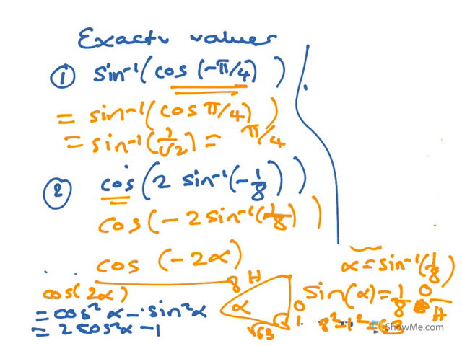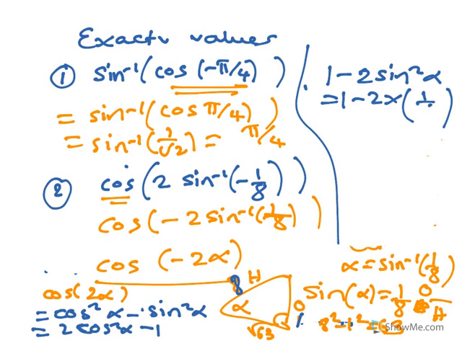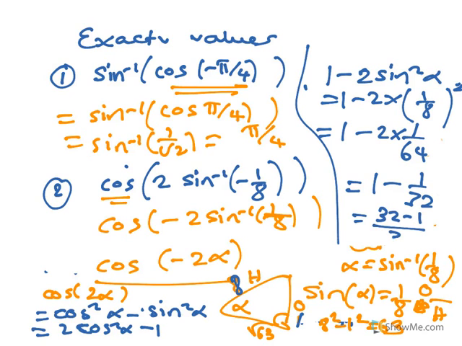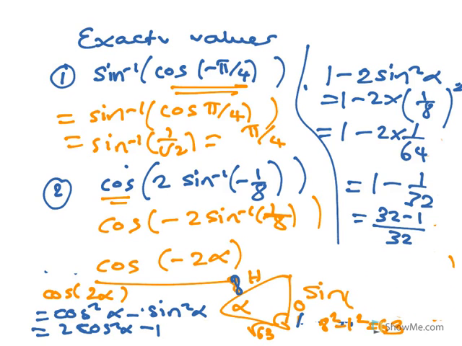I think I'm going to go with the 1 minus 2 sine squared alpha, so that makes life a little bit easier. Sine alpha is 1 on 8, so it's 1 minus 2 times 1 on 64, which is 1 minus 1 on 32, which is 32 minus 1 on 32, which in the end ends up being 31 on 32.